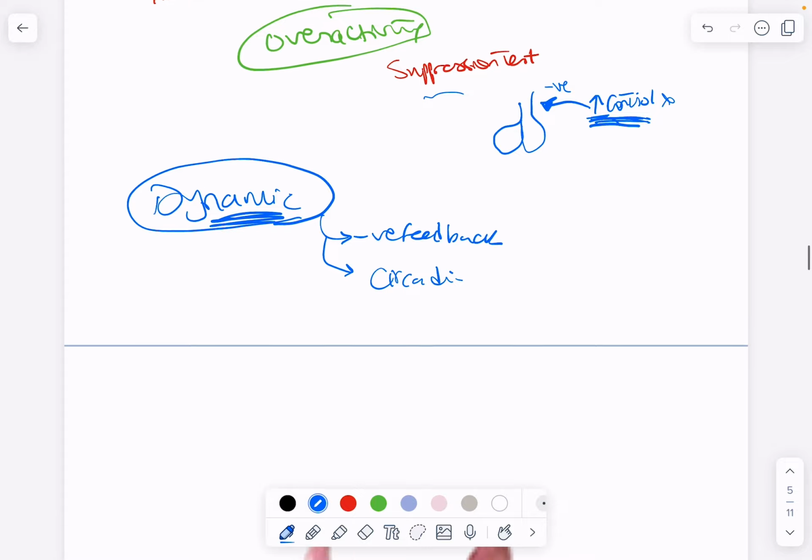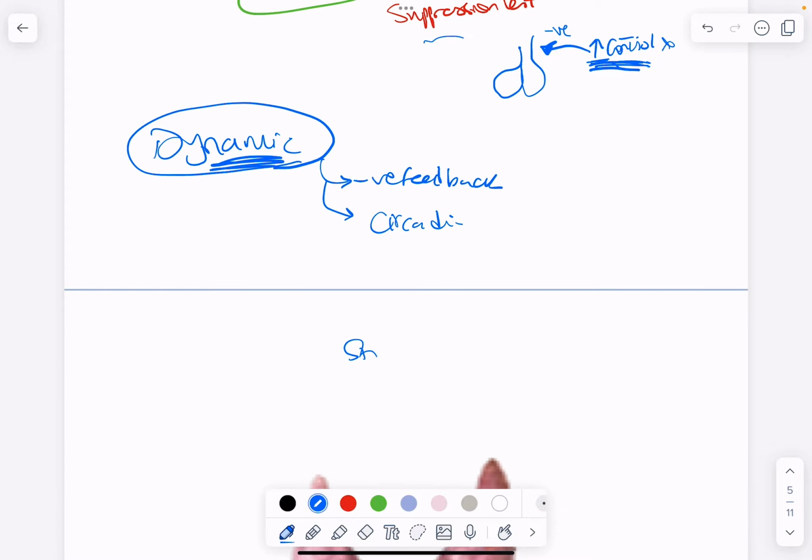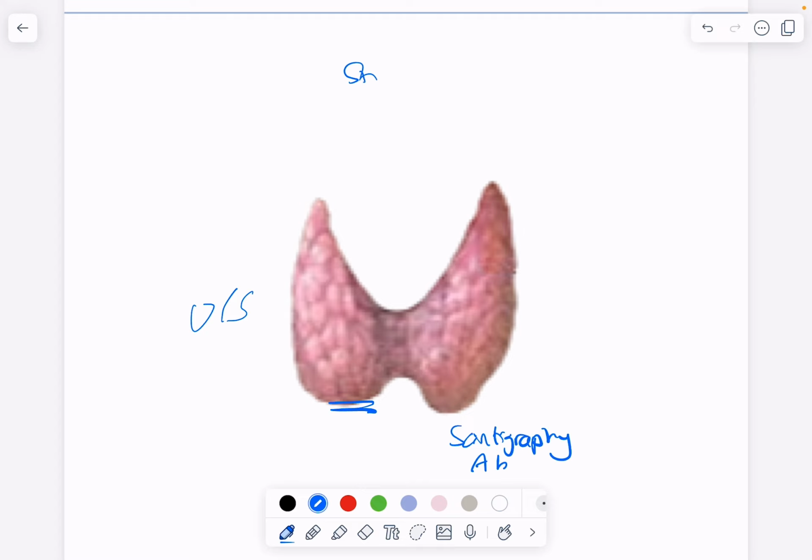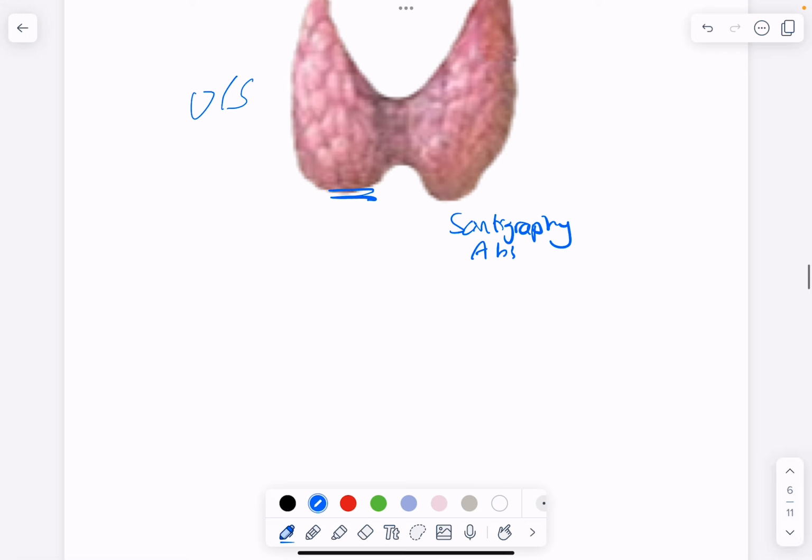Now we can still do imaging tests for the structure. Let's say we have a thyroid disorder, we're going to do a thyroid ultrasound. We can still do functional studies, especially for the thyroid, will be scintigraphy with uptake of iodine, right? We have thyroid antibodies. If I want to check blood sugar control long term, I'm going to do HbA1c.